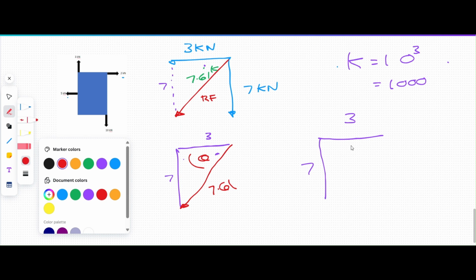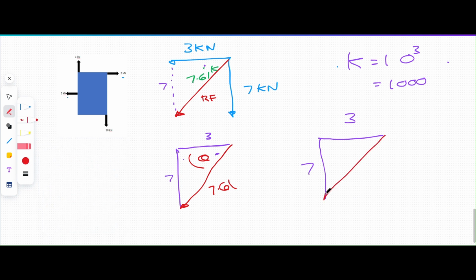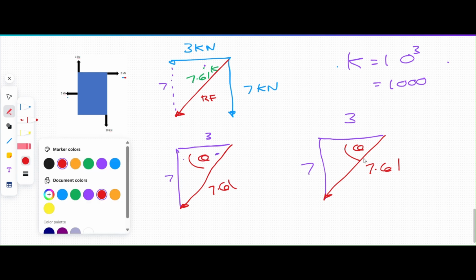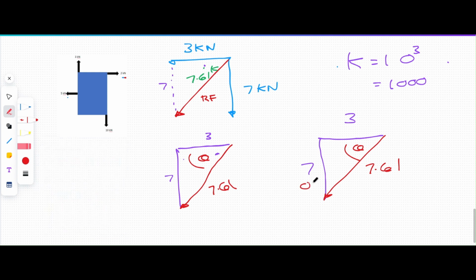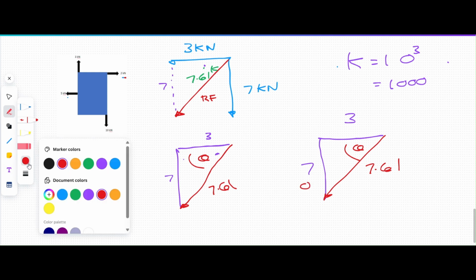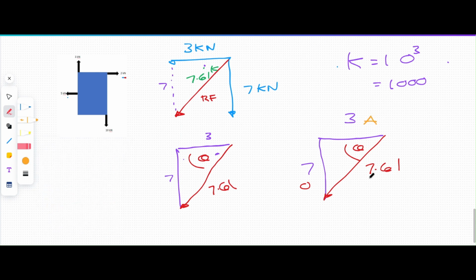And then the resultant force, 7.61 there. These are all kilonewtons, by the way, look. And we want to find the angle in there from the horizontal. So it's the same method, really. 7 is opposite. 3 is adjacent. Not that we're going to be using it. And 7.61 is hypotenuse.